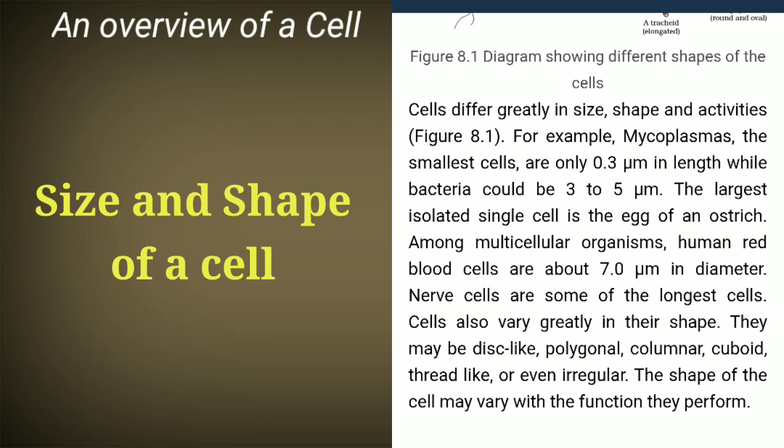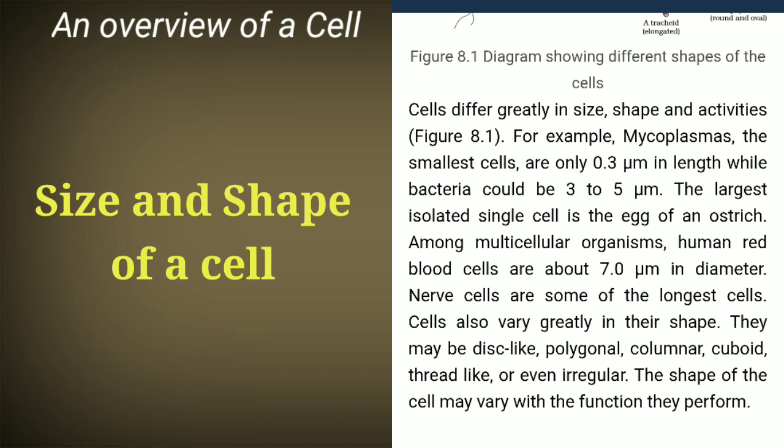In human beings, as I have said, the longest cell is the nerve cell. The human red blood cell measures about 7 micrometer in diameter, while nerve cells can reach up to 90 centimeter in length.